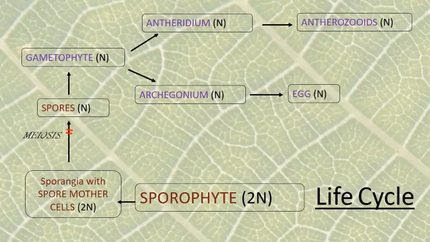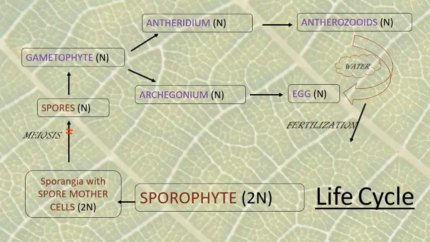These are born for sexual reproduction. So anthrozoid, with the help of water, reaches the egg. Fertilization occurs and the zygote is formed. This zygote is again diploid. So this will be the first cell of the sporophytic phase. The zygote will germinate to form the sporophyte. And that is how the life cycle of pteridophyte goes on.